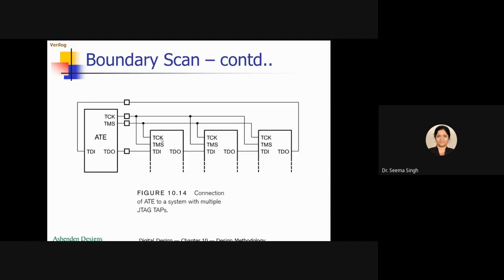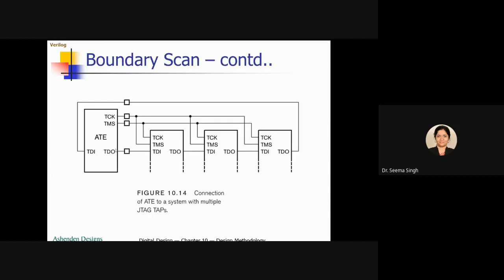What we are bothered about is only checking the boundary scan. Boundary scan means I am just trying to see whether the interface connection of each chip is fine or not. This is one of the testing processes. If this is fine, then it will go to the other part and try to see what the problem is. So this is how we have to understand its working.